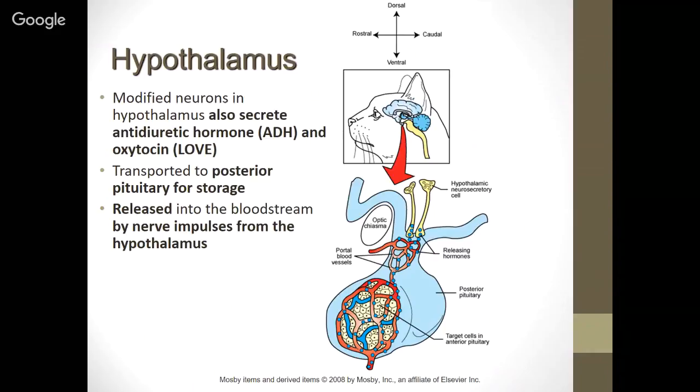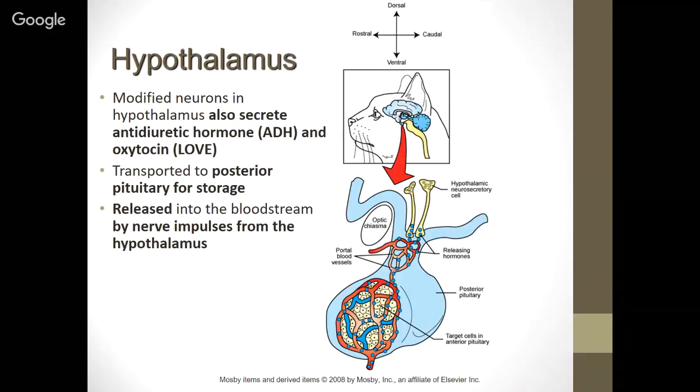These modified neurons in the hypothalamus also secrete two hormones, antidiuretic hormone, ADH, and oxytocin. Oxytocin we refer to as the love hormone because it produces a lot of the feelings of romantic love.